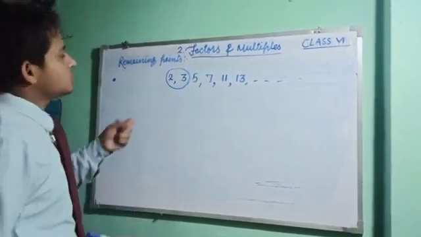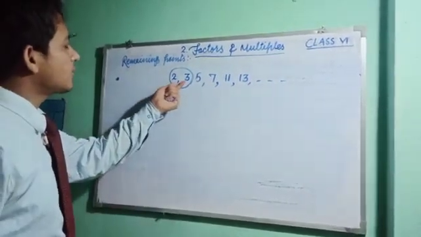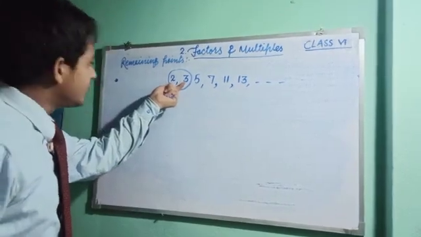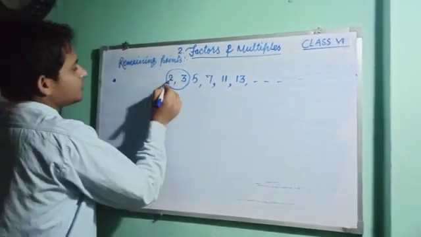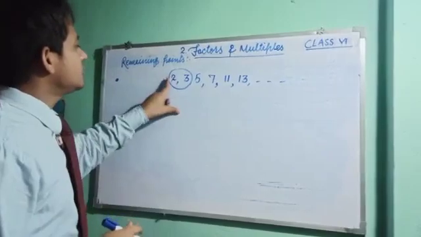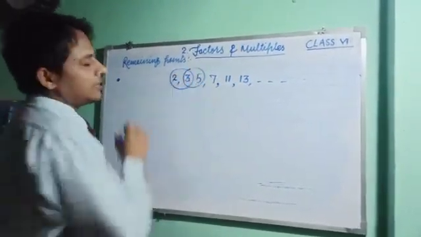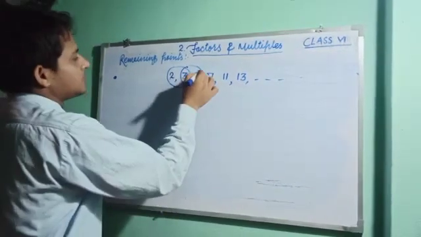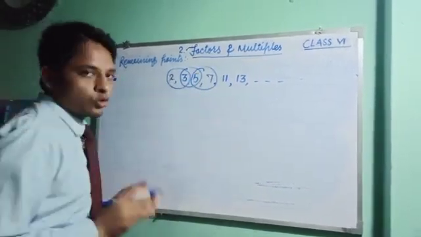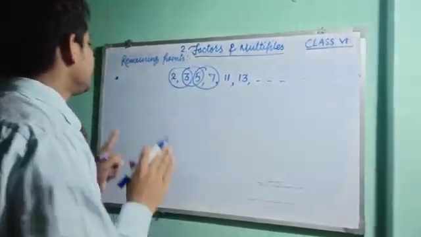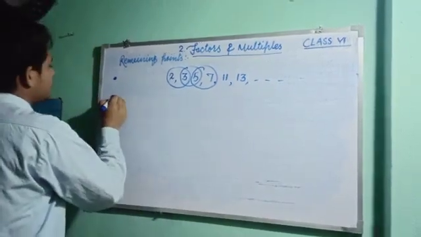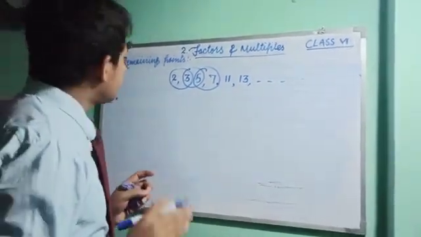Why? Because they have only one common factor, which is 1. That means the HCF of 2 and 3 is 1. This is why 2 and 3 are co-primes. Similarly, 3 and 5 are also co-primes, and 5 and 7 are also co-primes. So we can say two prime numbers are always co-primes.